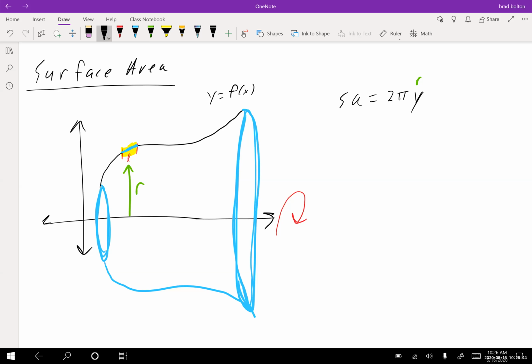So we're going to have surface area is equal to 2 pi times the radius y times the length of that slice, and that would be the square root of 1 plus f prime of x squared dx.